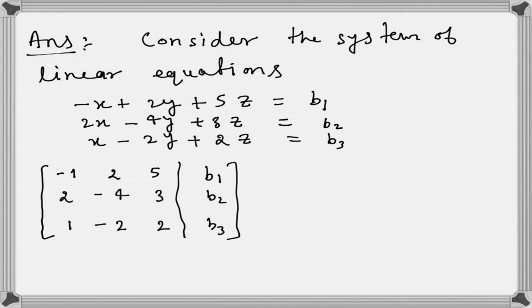Okay, so now let's apply some row operation. For example, let's apply this transformation: r2 goes to r2 plus 2 times r1, and r3 goes to r3 plus r1. Okay, so under this transformation, let's see how this matrix gets reduced. Let's write it on the next page.